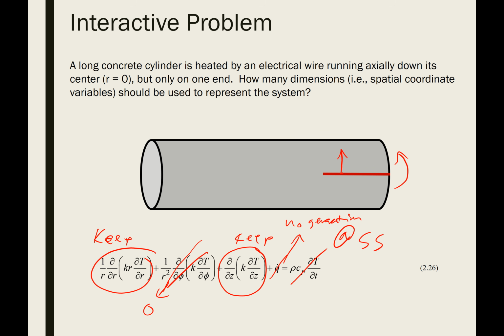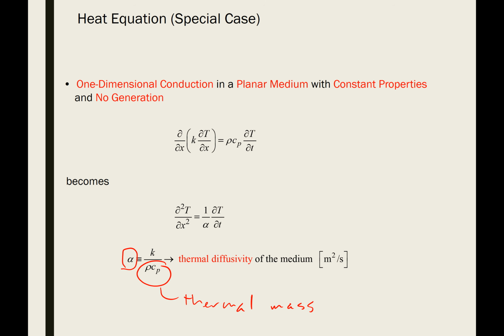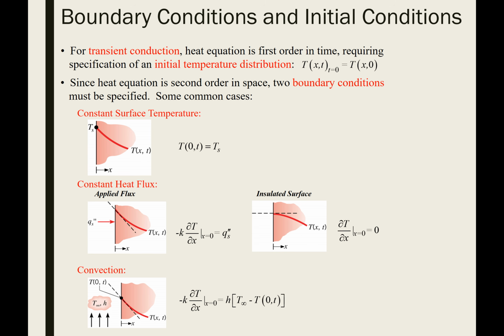Okay, so we got the heat equation, and then we asked some questions. We tried to demonstrate how for a certain system, because of symmetry, you can take out certain terms, or if the system is at steady state, you no longer have your accumulation term. We did that for a couple of examples, and we ended here, I believe. It's a differential equation, so we're going to go through that process of separation and integration and solving this equation.